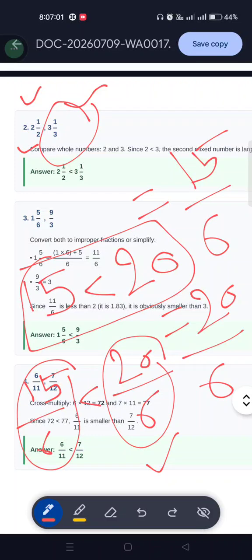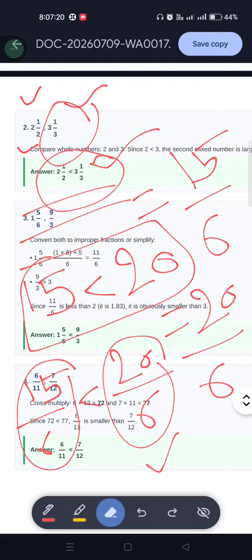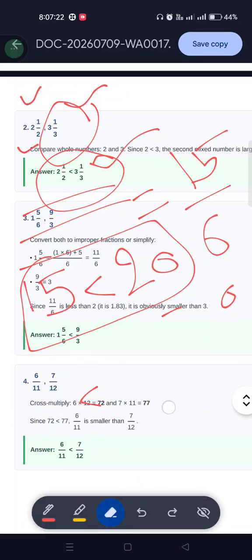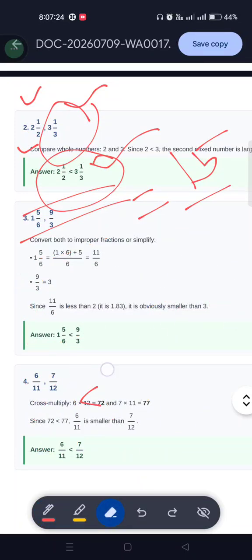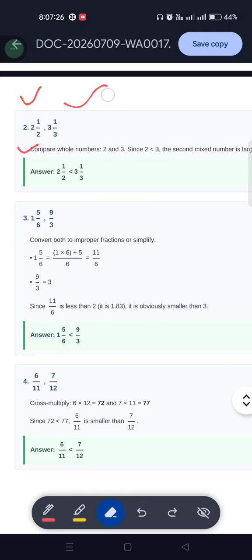So you can say here 15 upon 6 is less than 20 upon 6. It means that 2 into 1 by 2 is less than 3 into 1 by 3. Okay, so you will put the less than sign between these two fractions here. Now move on to the next question.